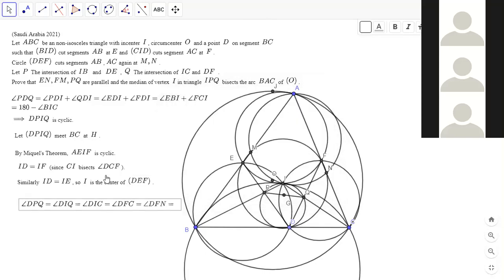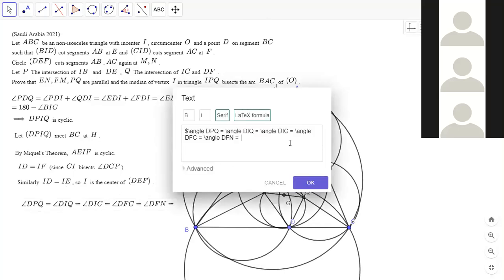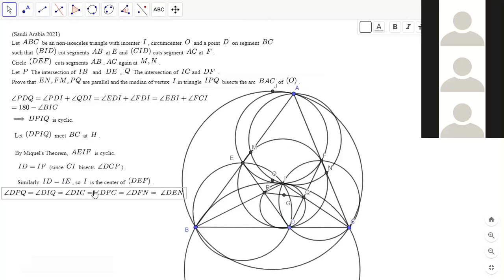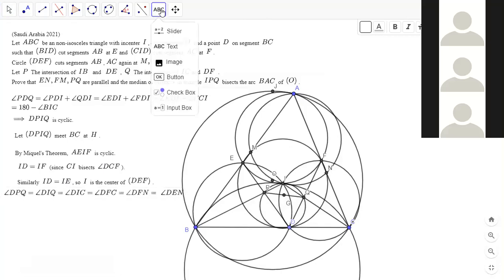Then DFN is DEN. It's a nice one. Okay, so PQ is parallel to EN, and similarly FM.